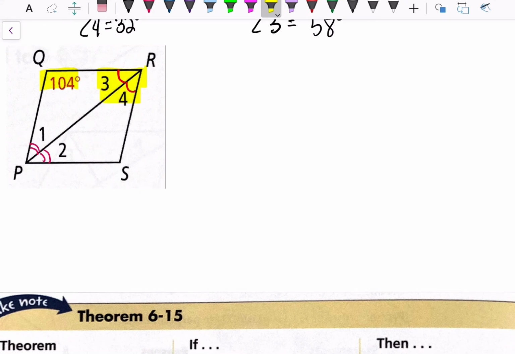So that means that 104 plus the whole angle R, which is angle 3 plus angle 4, should be equal to 180.